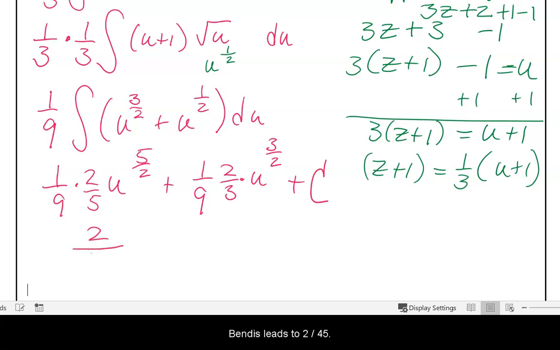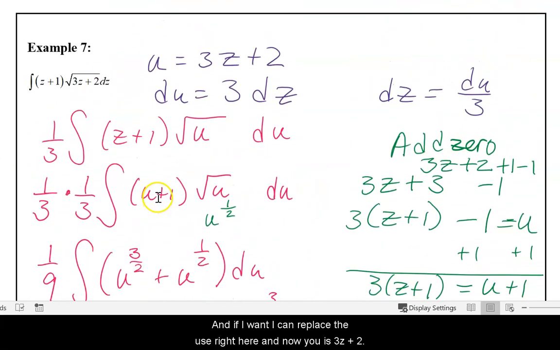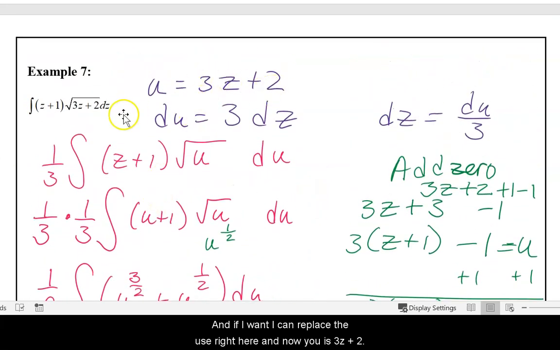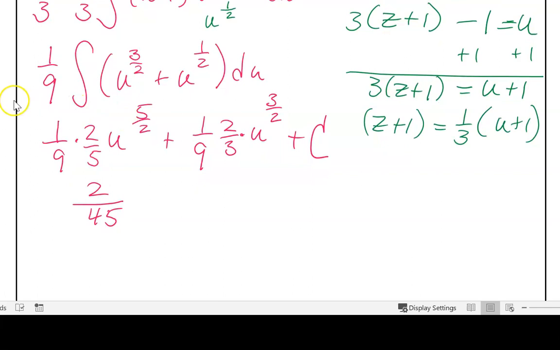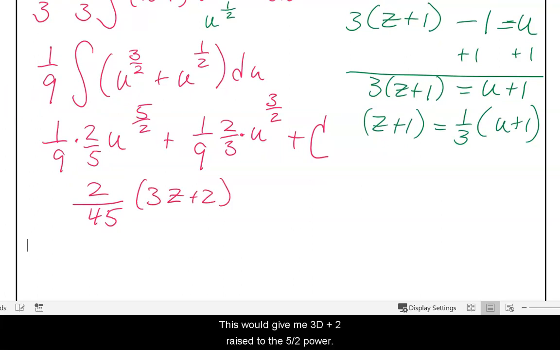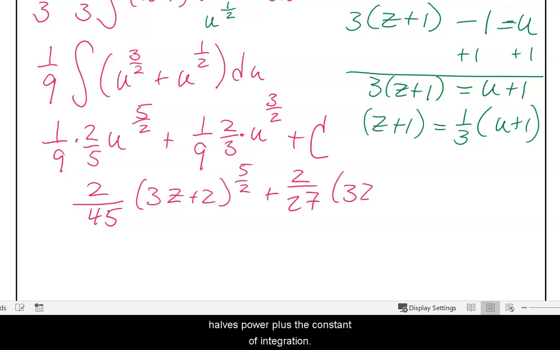Then this leads to 2 divided by 45, and if I want, I can replace the u's right here and now. U is 3z plus 2. This would give me 3z plus 2 raised to the 5/2 power plus 2 over 27 times 3z plus 2 raised to the 3/2 power plus the constant of integration.